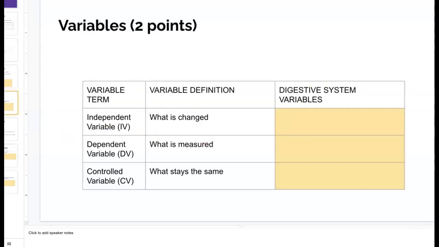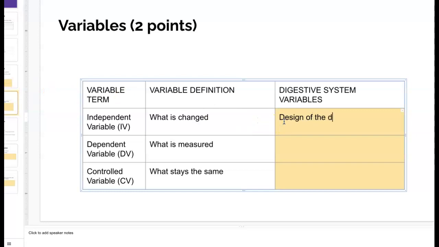All right, so let's go back to the variables. So what variables did we change? What did we measure? And what stays the same? So for this task, your independent variable, what you're changing, is the design of the digestive system. It will be better if you become more detailed on what you are taking out of your design or what you're adding.